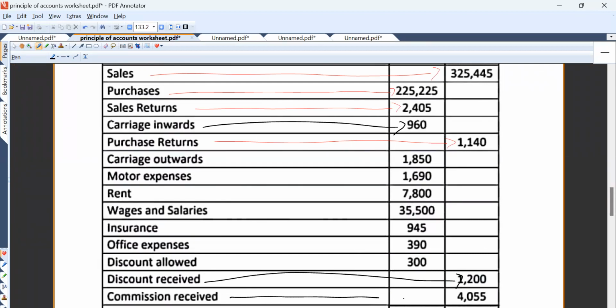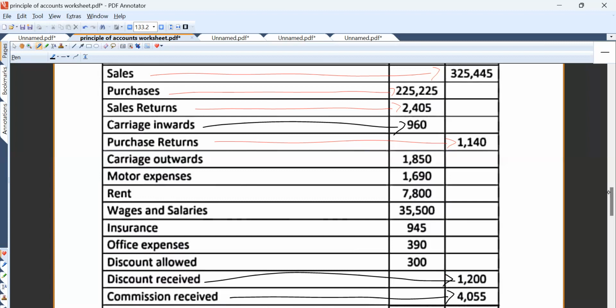Discount received is 1,200 and commission received is 4,055. So this is non-operational income or other income.